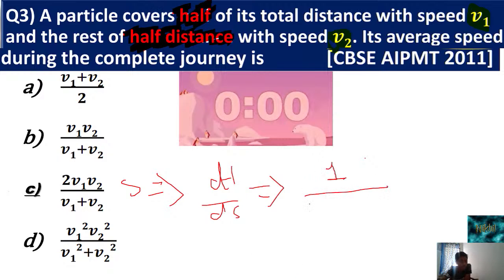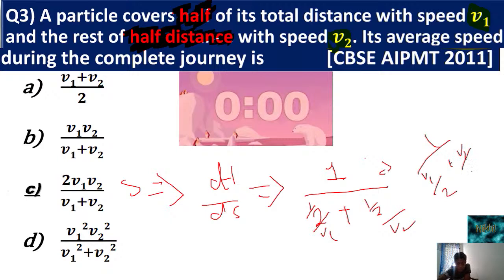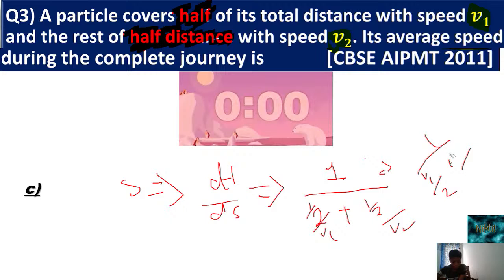If they covered 1 by 2 distance plus 1 by 2 distance, to find time we need distance by v1 and v2. So it will be 1 by 2 v1 plus 1 by 2 v2.